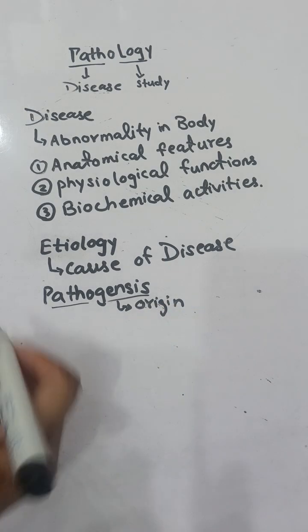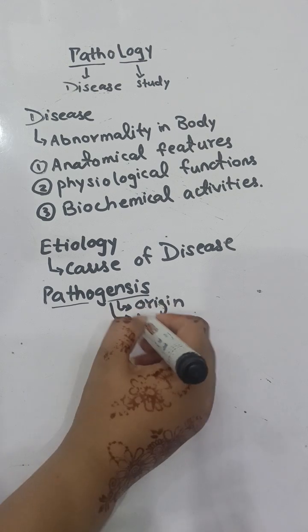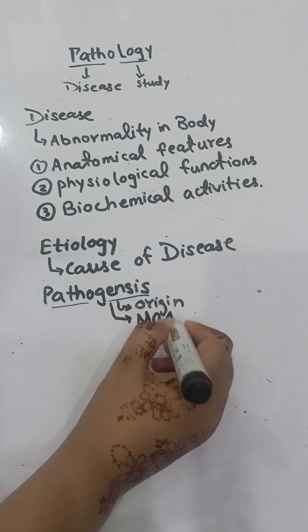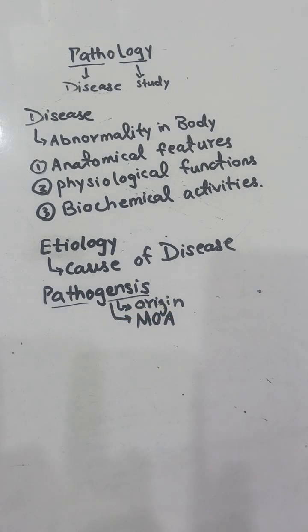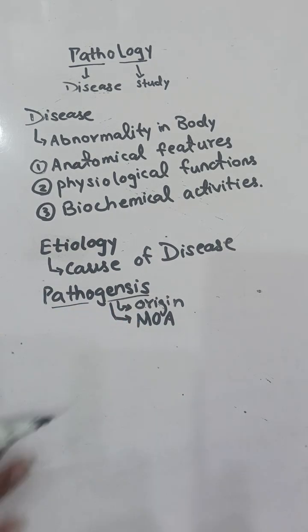It also means what is the mechanism of action of your disease: how your disease is progressing, what the mechanism is, how it disturbs your anatomical features, your physiological functions and your biochemical activities, how it is acting. So this is studied under pathogenesis.